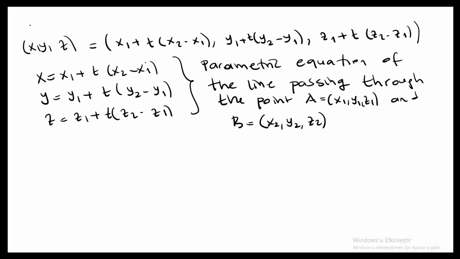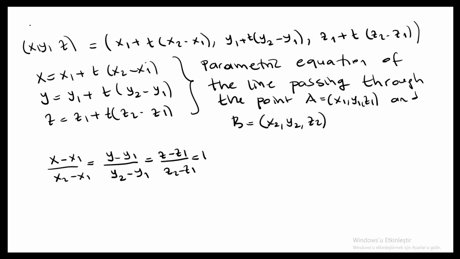So this one should be familiar to you. If you take out this t, (x minus x1) over (x2 minus x1), (y minus y1) over (y2 minus y1), and (z minus z1) over (z2 minus z1) equals t.